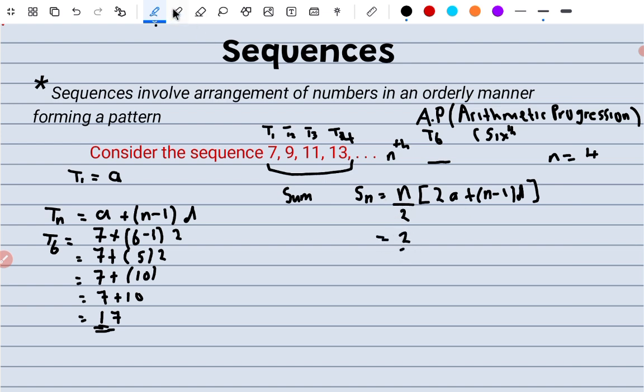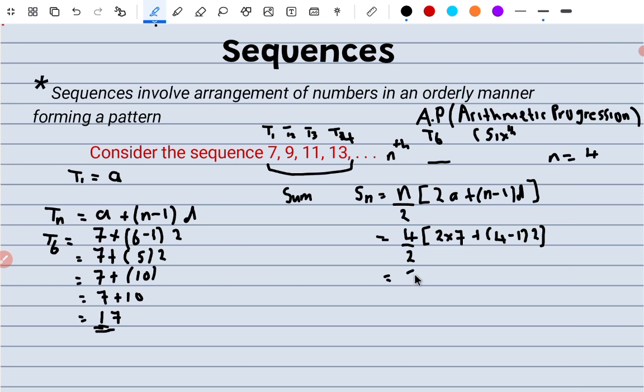Our n is 4, over 2, that will be 2 times a, that will be 7, plus n, how many terms you are finding? 4, minus 1, d, that will be 2, our common difference that we had already found.